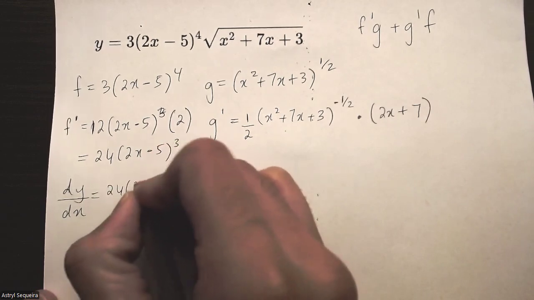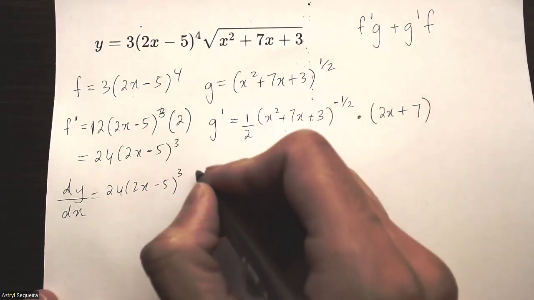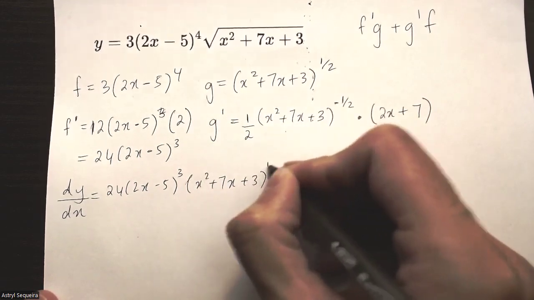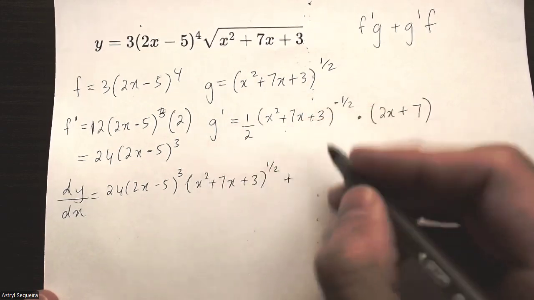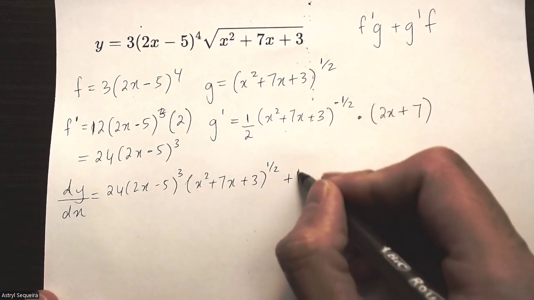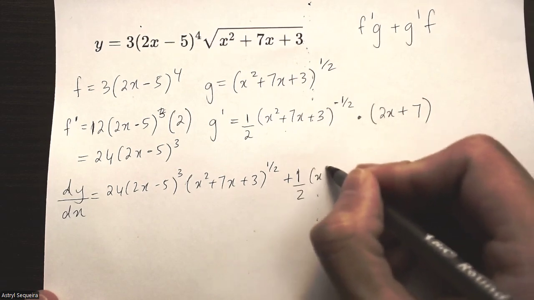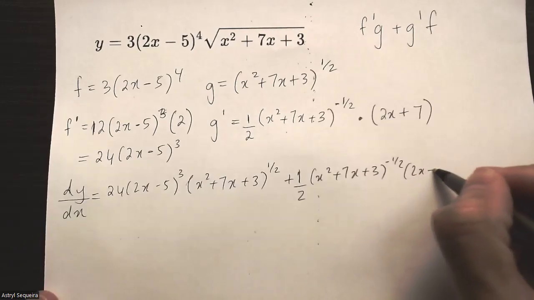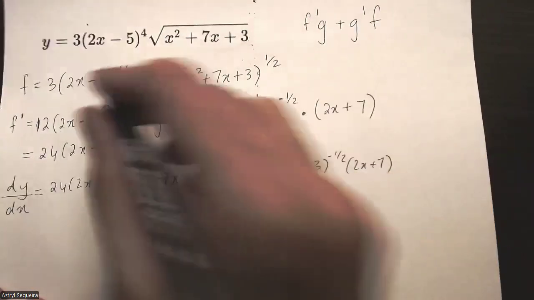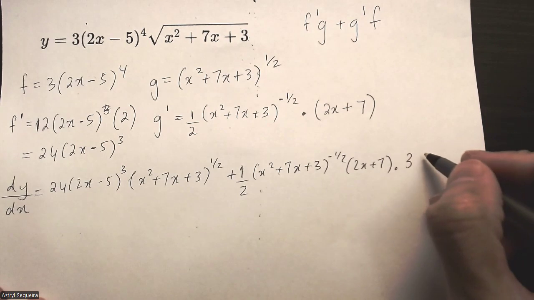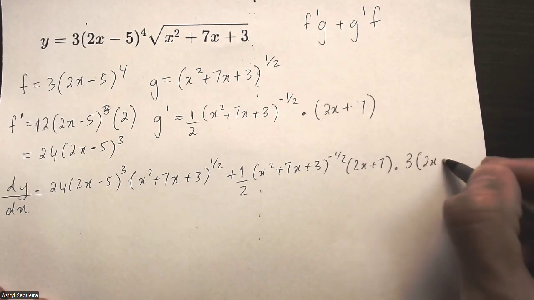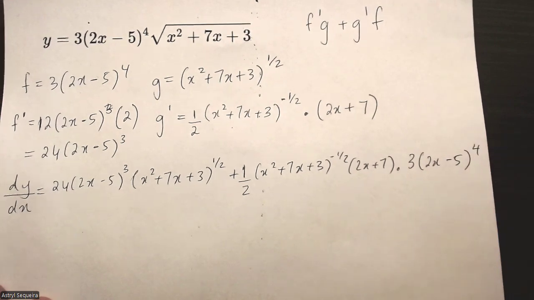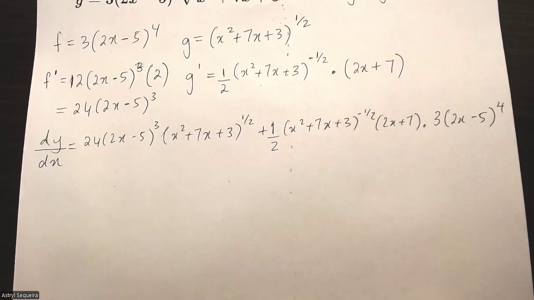So f prime g plus g prime times f. So that's the derivation of the function right there.